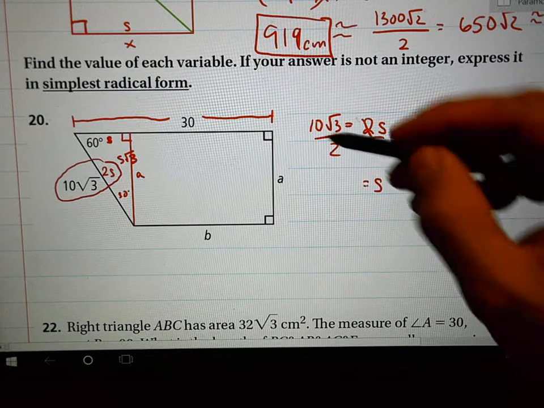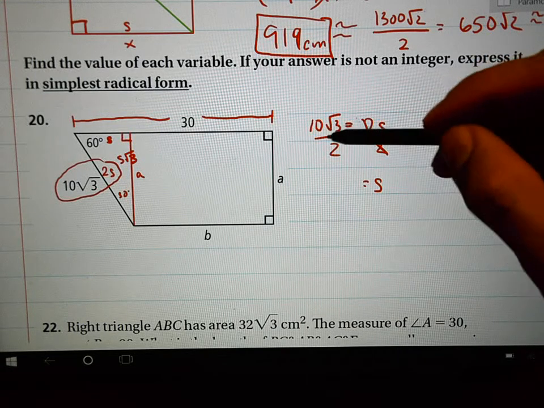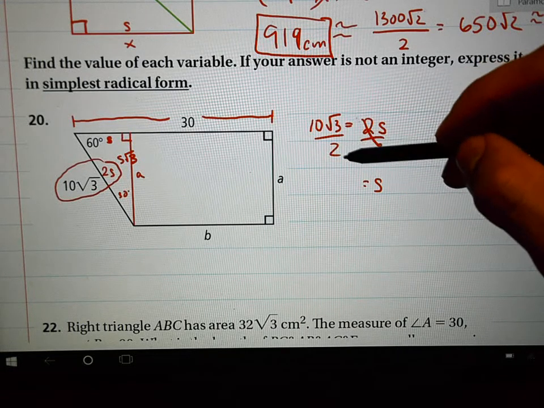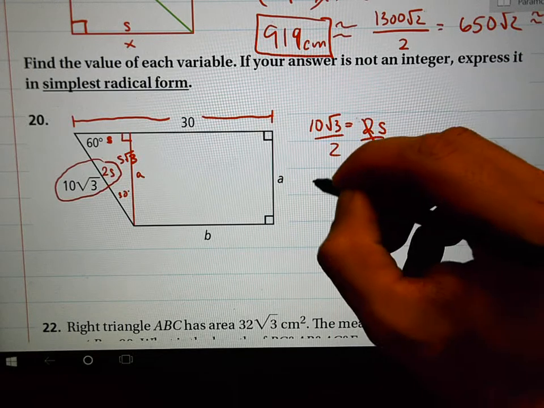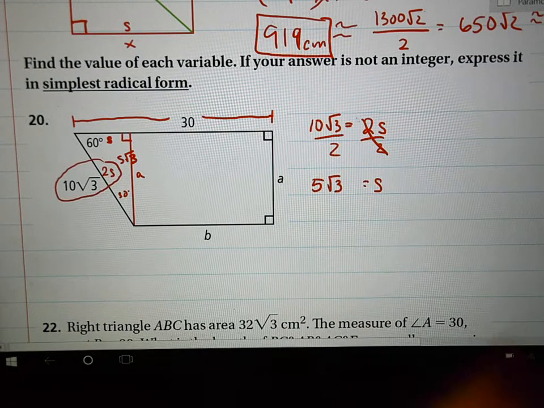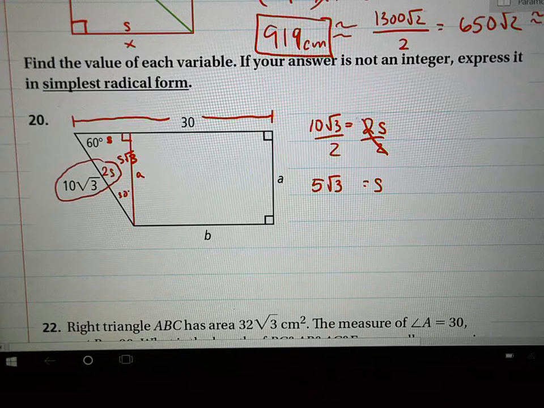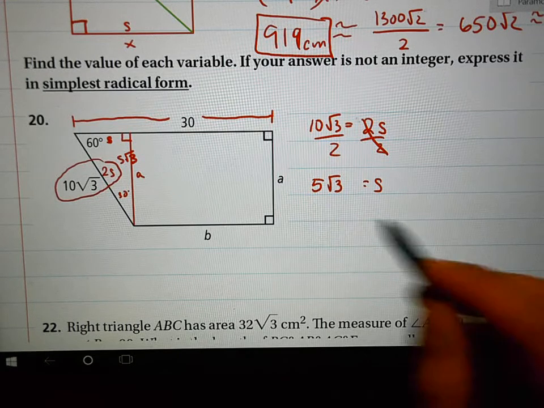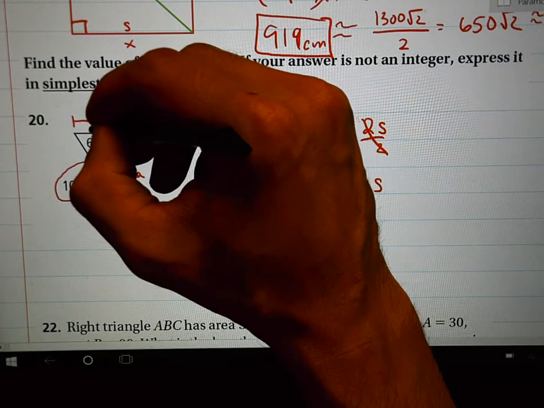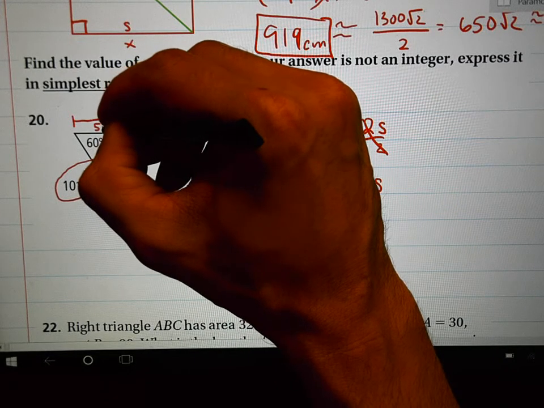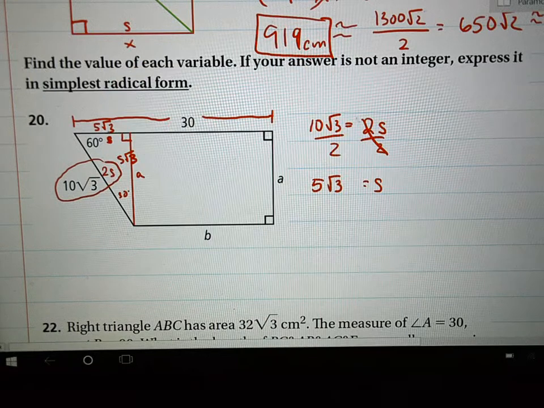If you have coefficients outside of radicals, reduce them. Does 2 go into the 10? So that lets you know what the distance of S is. S is 5 root 3. That's this distance right here. I'm going to just write it really small underneath. 5 root 3.